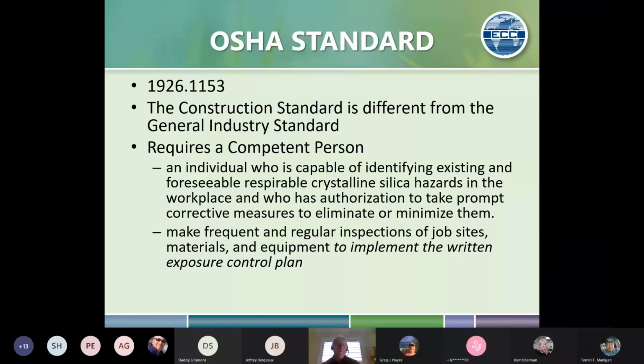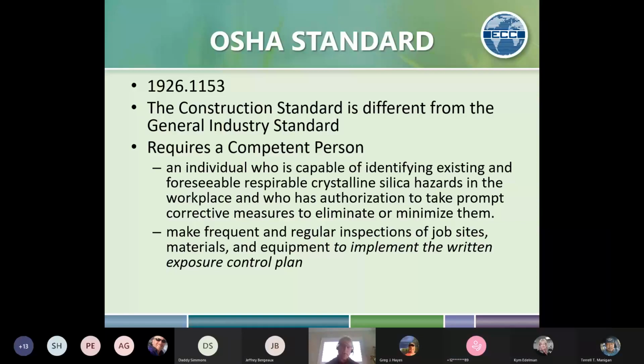Okay, getting back to the standard, the first thing it requires is a competent person. So if you have a potential for silica exposure, you're supposed to have a competent person. The definition included in the standard reflects the general definition of competent person, right? Somebody that has the ability to recognize hazards in the workplace and has the authority to eliminate or control those hazards.